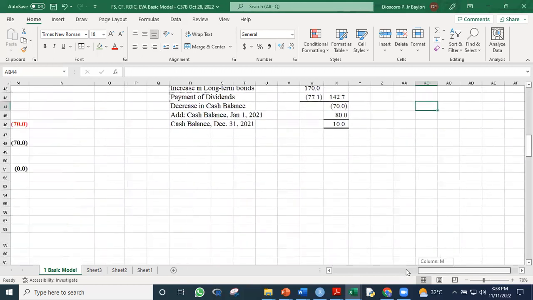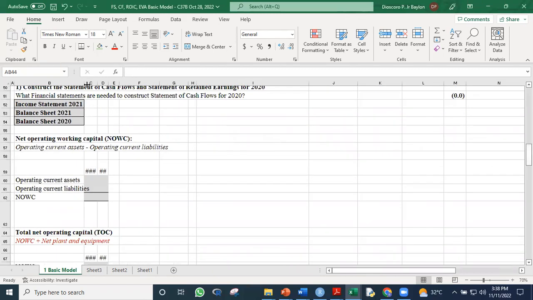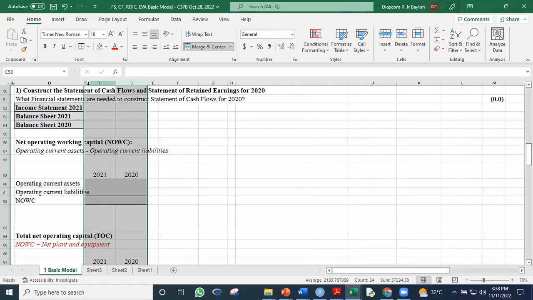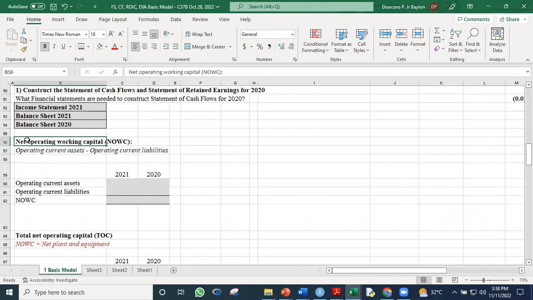Okay, so let's proceed now. Let's move on to the other measures here. Okay, all right. So we have here some very important measures like net operating working capital or your NOWC.